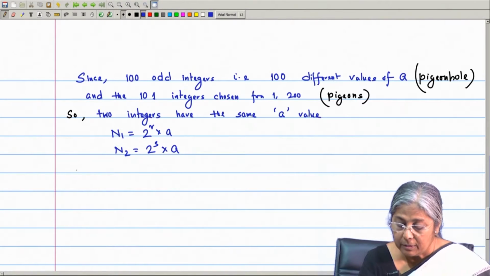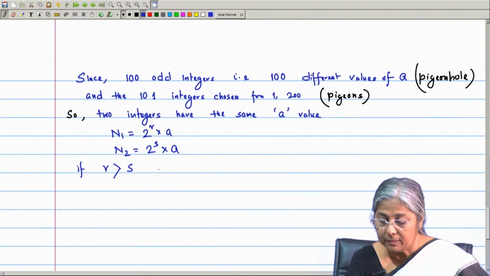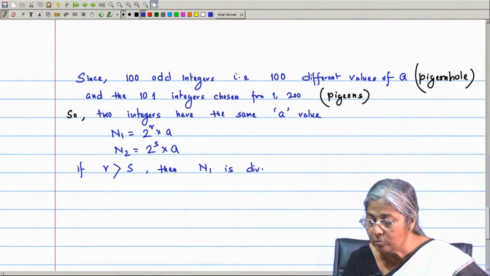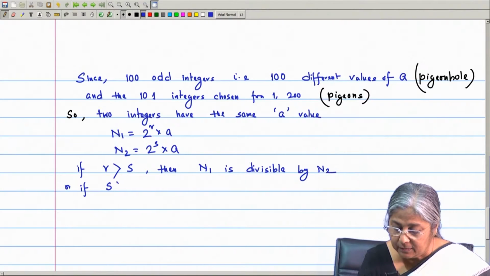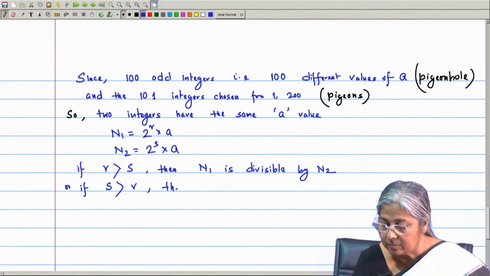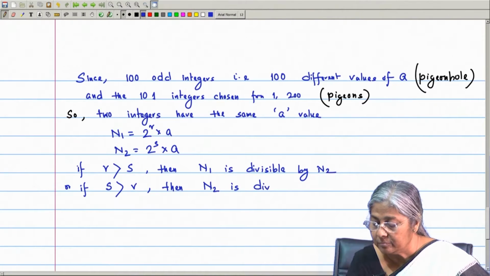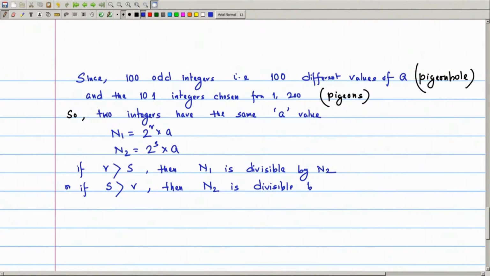So, if r is greater than s, then n1 is divisible by n2, or if s is greater than r, then n2 is divisible by n1.